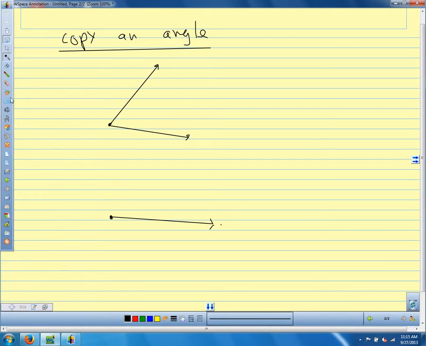Now I'm going to grab my compass, put it on the vertex of my angle, and make an arc through both sides. Doesn't matter how big the arc is, it just has to go through both sides of the angle. Does it matter how far up or down on the angle? Nope, I can make it anywhere.